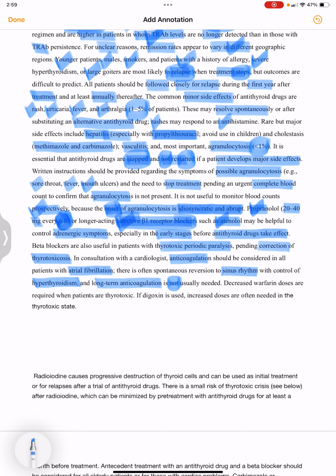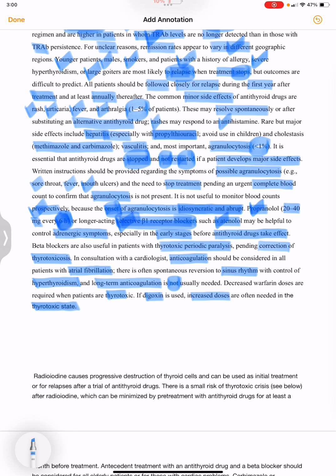Decreased warfarin doses are required when patients are thyrotoxic, and if digoxin is used, increased doses are often needed in the thyrotoxic state.